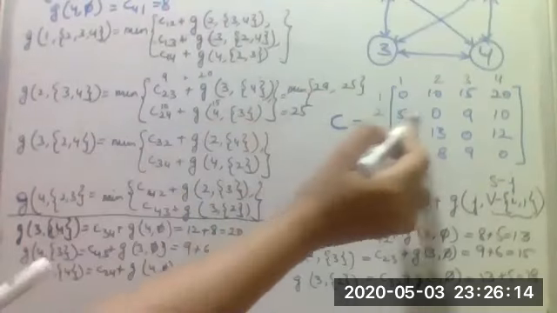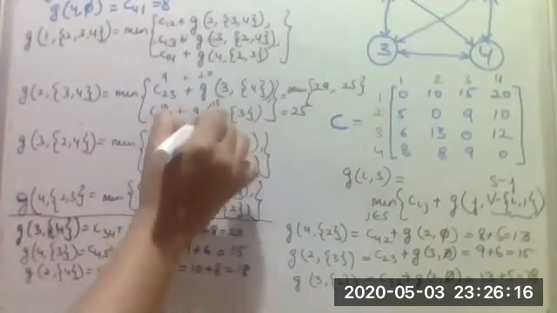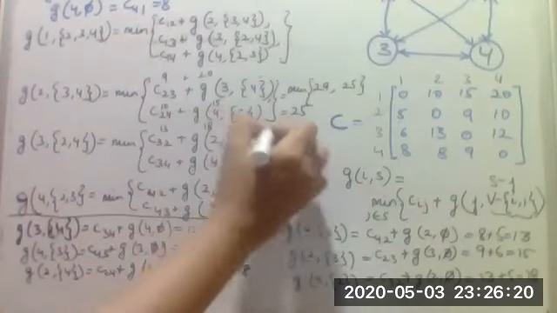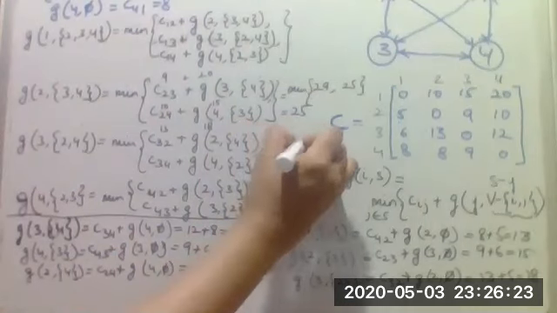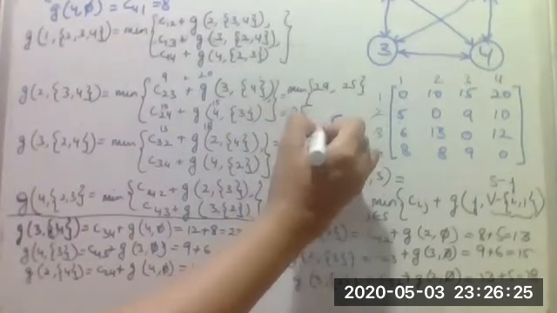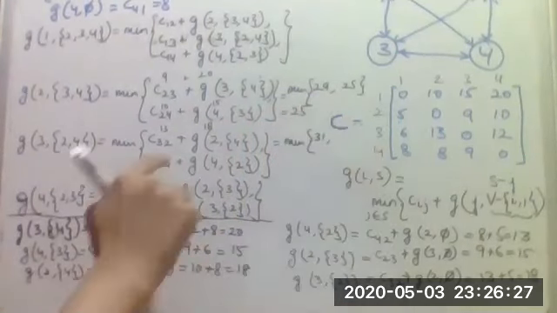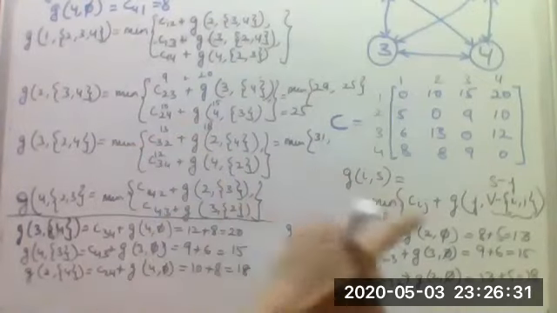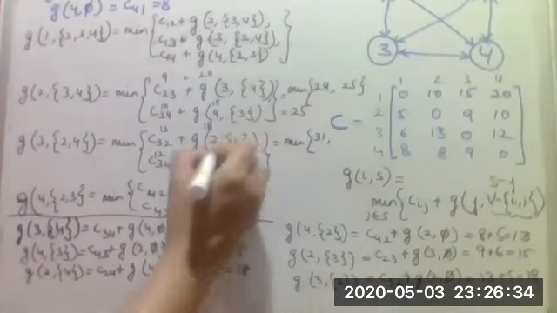Similarly, C32 is 13 plus G24 that we have calculated is 18. So this will be equal to the minimum of 31, and C34 is 12 and G42 is 13.